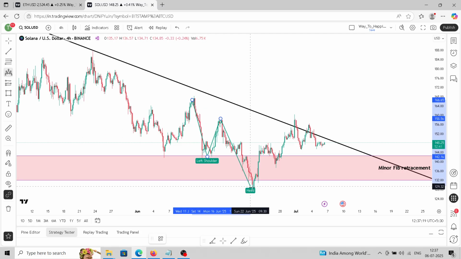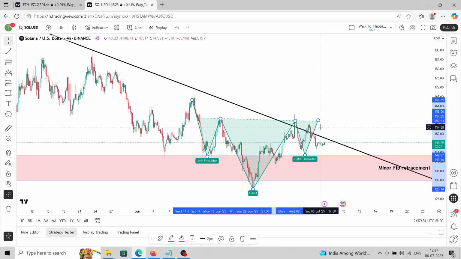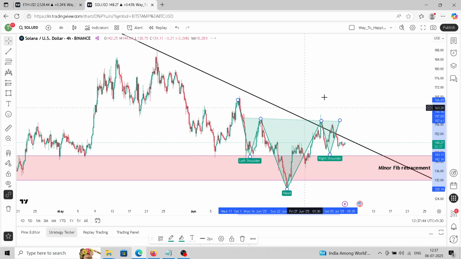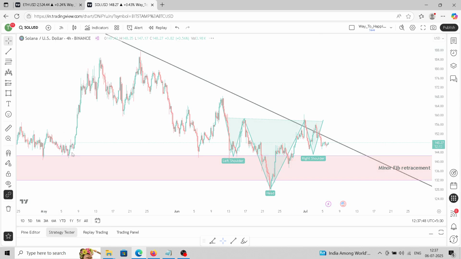Okay, not very clear because the right shoulder has not been completed yet, but looks like Sol is trying to create an inverse head and shoulders on a 4 hour window. Let me see if 2 hours gives any more clarity.